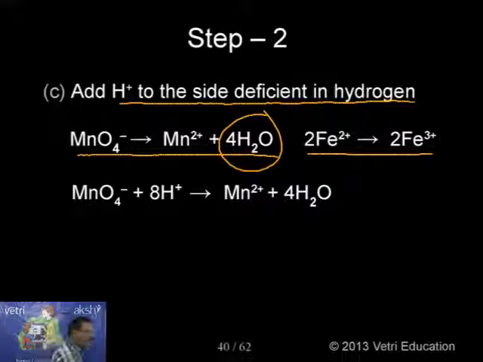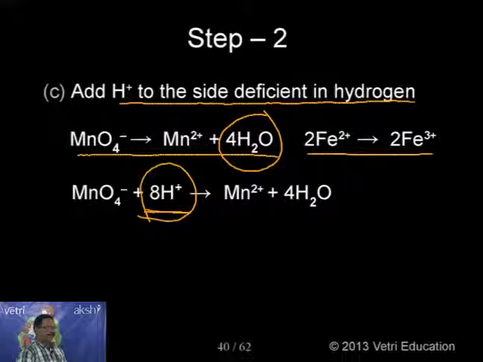Now, when I add this 4H2O, hydrogen is 4 into 2, 8 hydrogen. So in order to balance that, I am adding 8H plus on the left hand side. So this is to balance the hydrogen: add H plus to the side deficient in hydrogen.